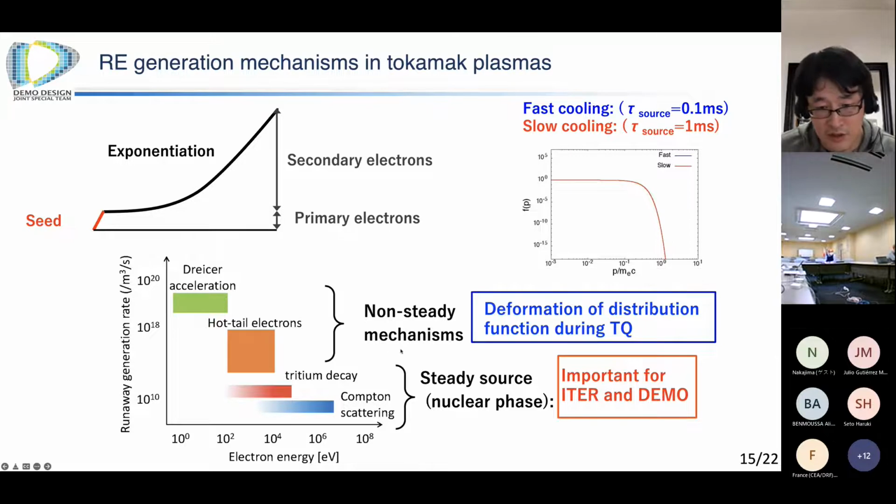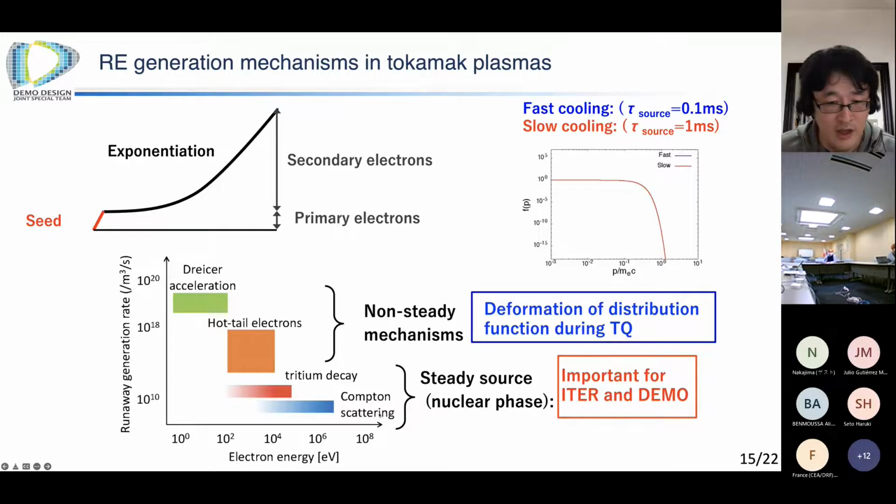And in addition, this is a fundamental difficulty in the nuclear phase, in future ITER and DEMO devices. In the case of DT operation, there are steady high energy electron sources such as tritium decay and Compton scattering.